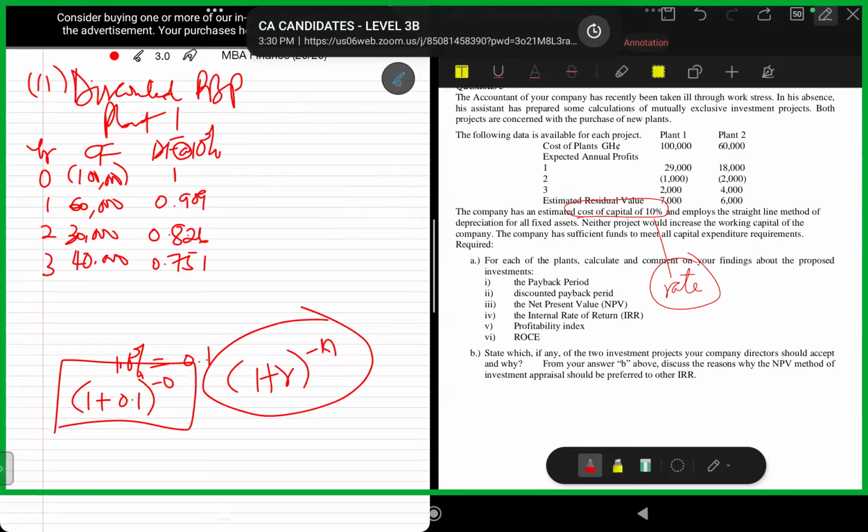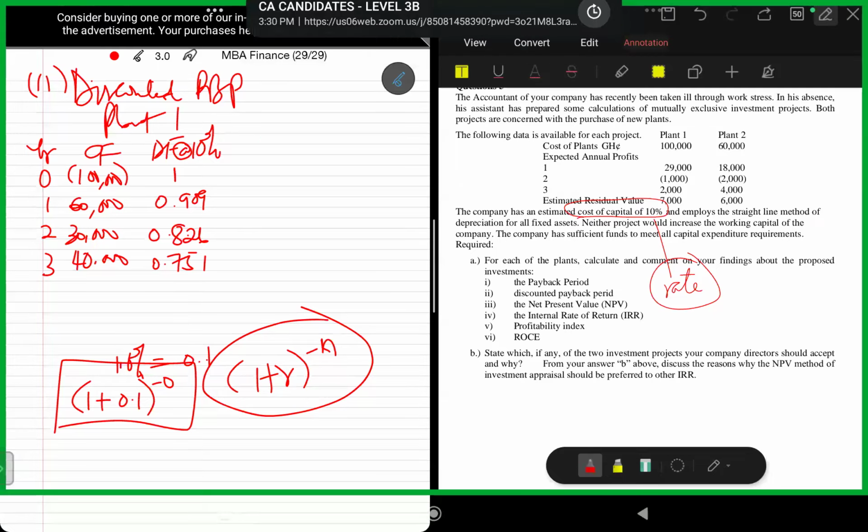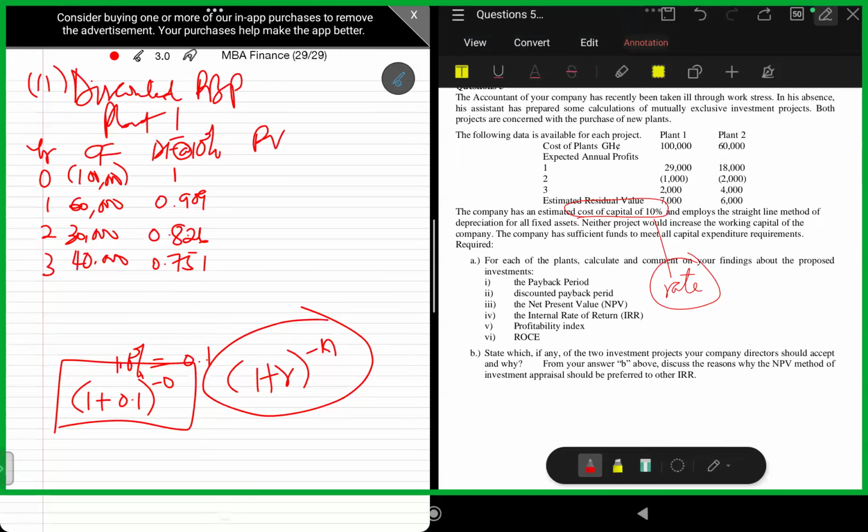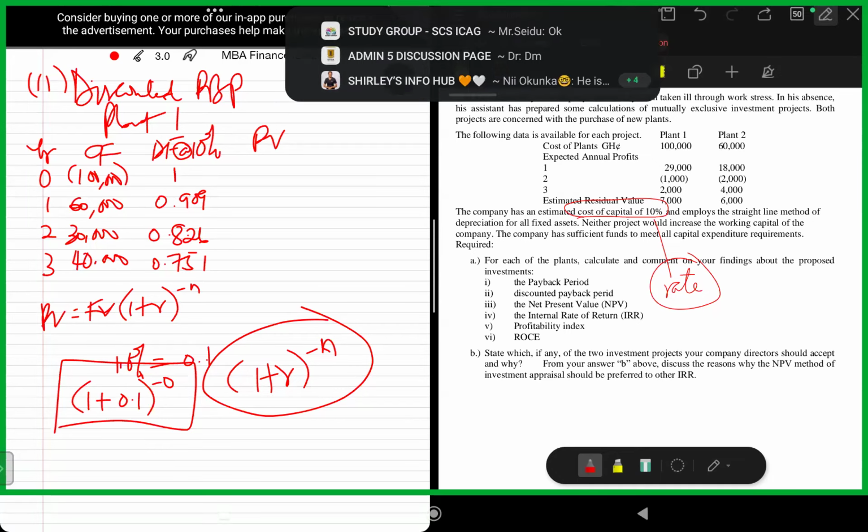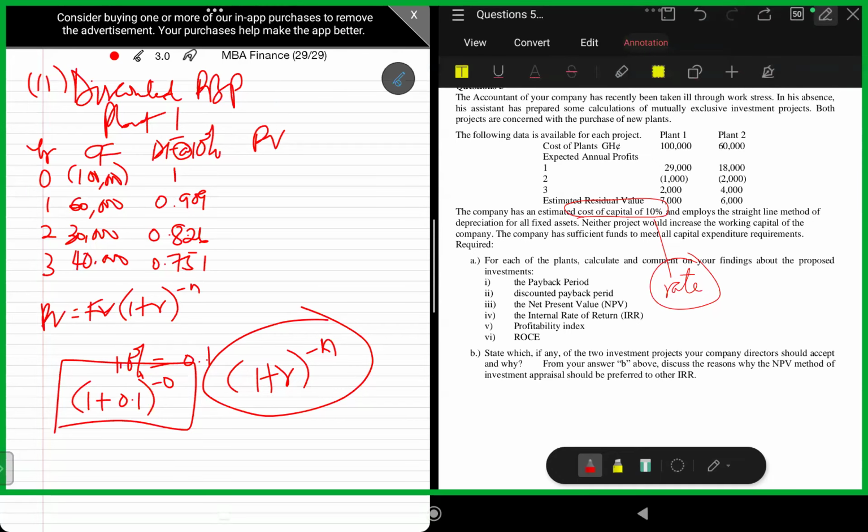So we said that if you want to find the present value, I'm picking it from this formula. Present value equals the future value times the discount factor. That's why when we began, I was explaining them for you to understand this. What is the formula for present value? Please don't give us the formulas during the exam.